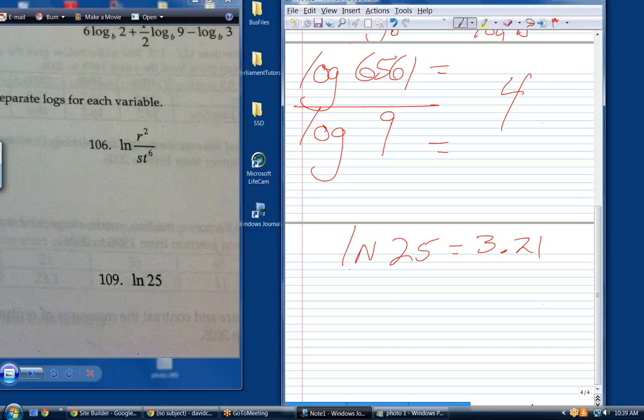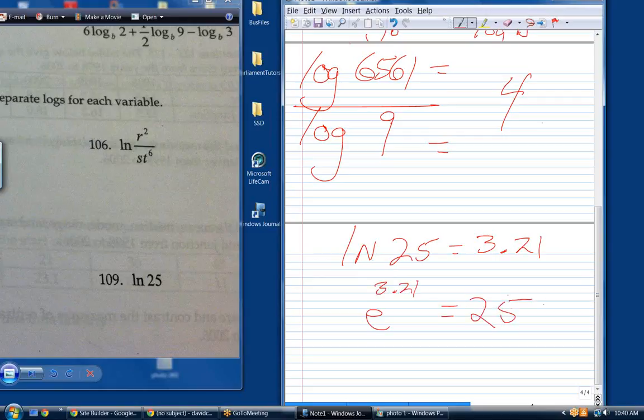What's the base of the ln function? I don't remember. E. E? E. Yeah. The number E. So it's E, that's the base that's implied when I write that. Okay. So it's E raised to the 3.21 power equals 25.